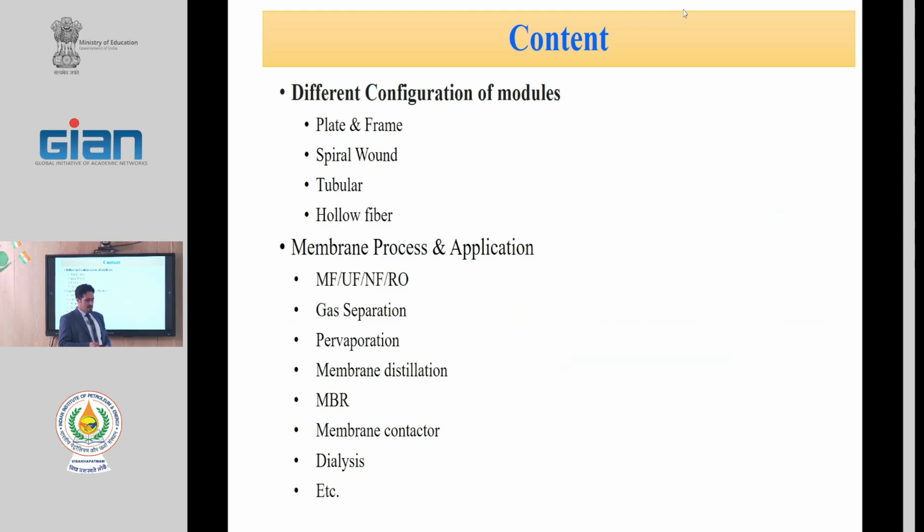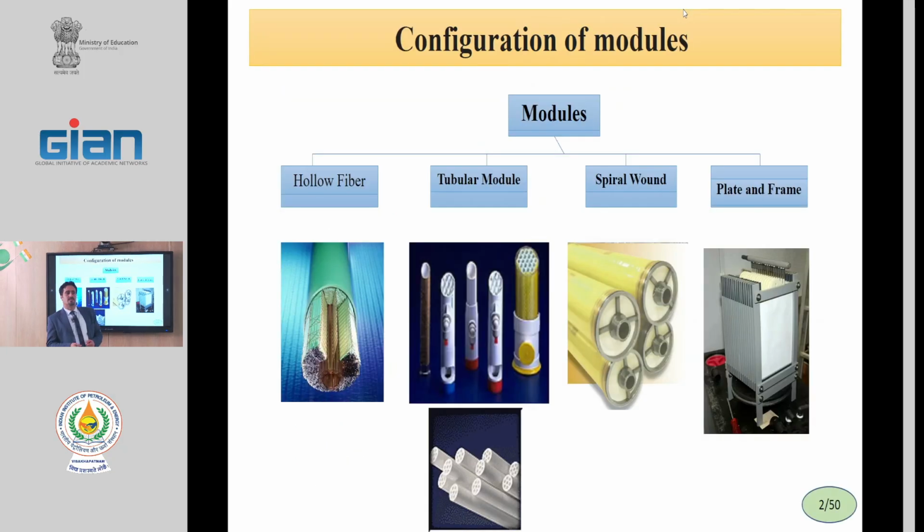models. Membranes can be fabricated as a flat sheet or as a tubular. Okay? We can prepare the membranes in a plate form or as tubulars. If we reduce the tubular diameter to lower than millimeter size, we have hollow fibers.